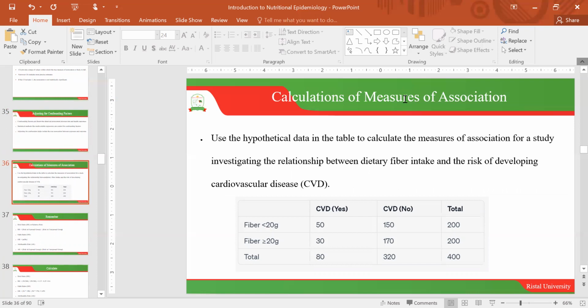We have those who take less than 20 grams, and those who take more than 20 grams, and then we see who develops the disease. So you have that table there.